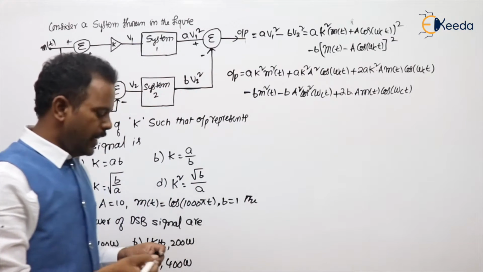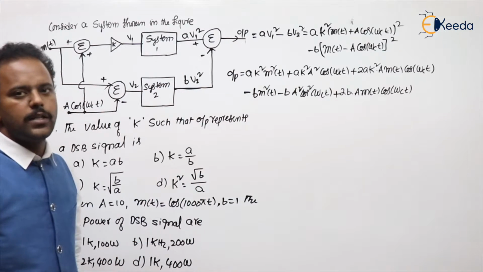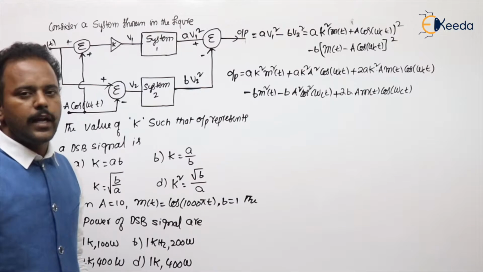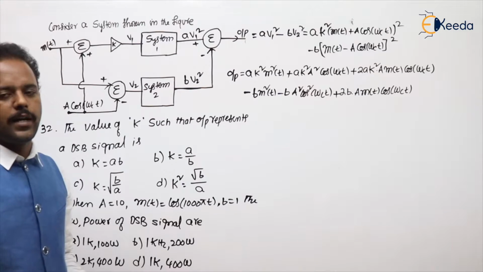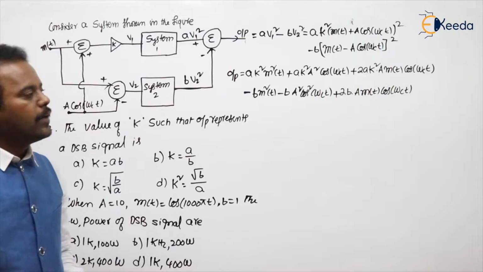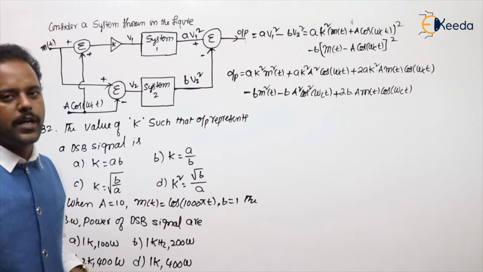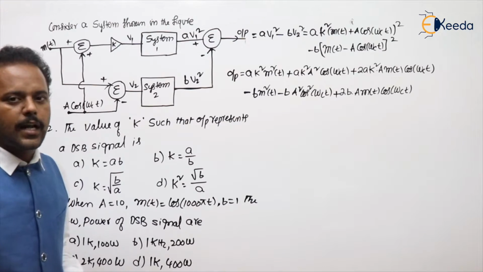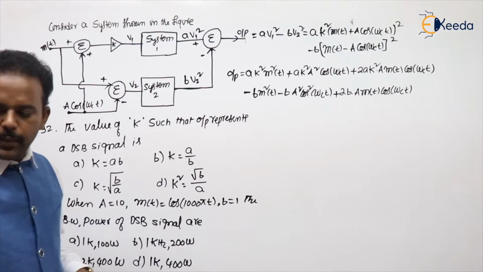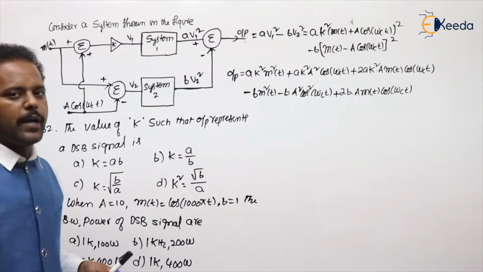If you clearly observe, there are a total of 6 terms. Which are the DSB-SC terms? A DSB-SC term is nothing but message multiplying by carrier.